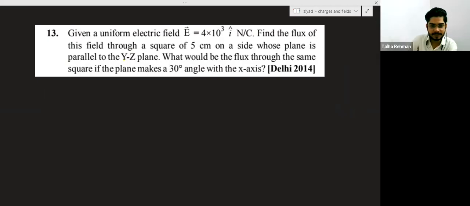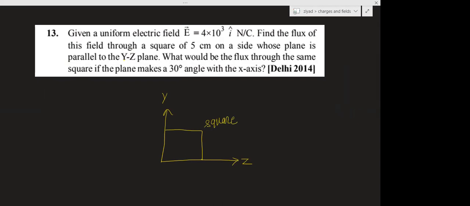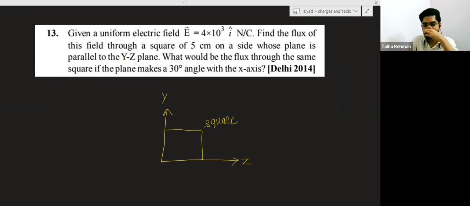Whose plane is the yz plane means we have the square on the yz plane. Suppose this is the y axis, this is the z axis, and we have the square. The side of the square is given as 5 centimeter, so this side is 5 centimeter.